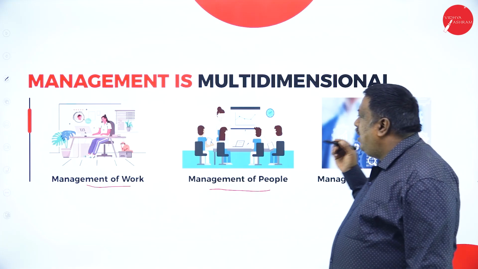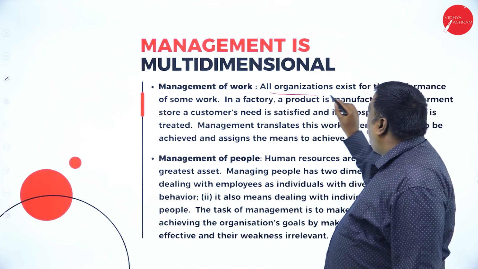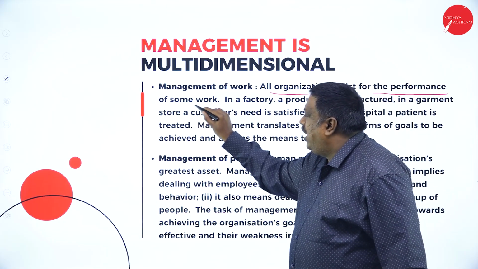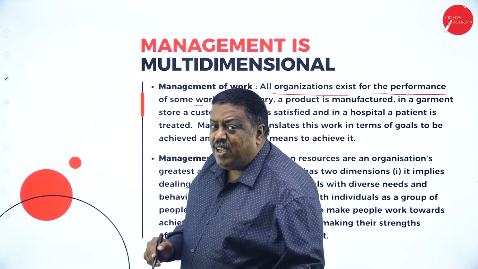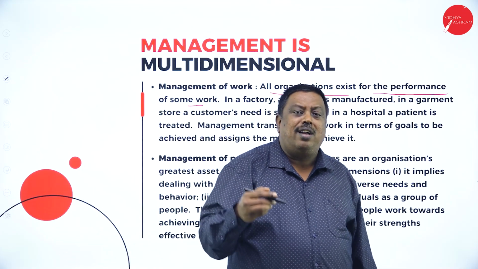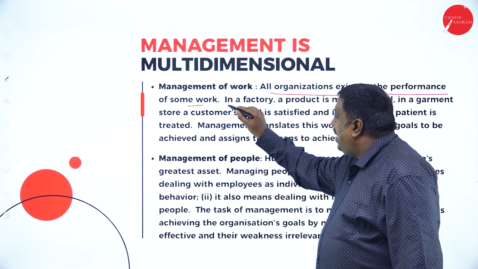Work, people, and operation. See, management of work: all organizations exist for the performance of some work. Every organization in the market exists to do some work or business activities. For that, we take an example.